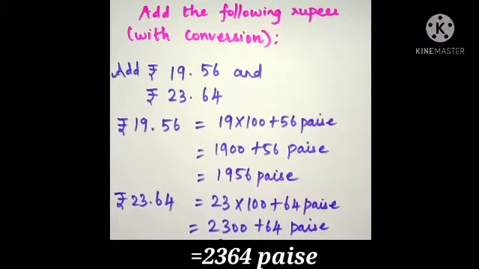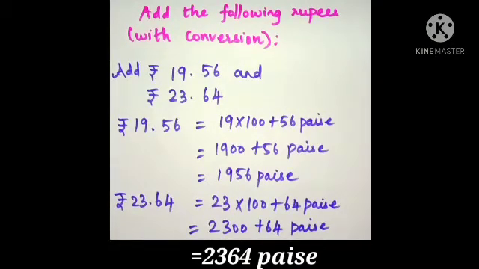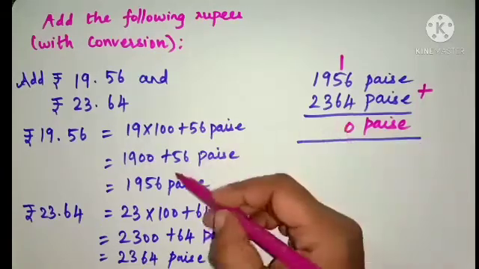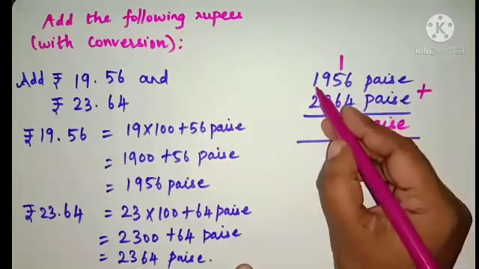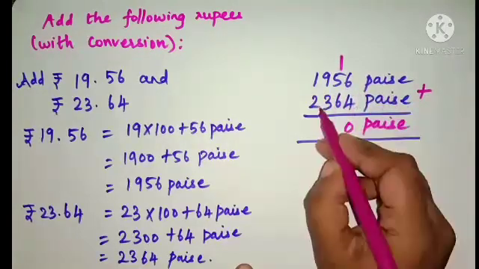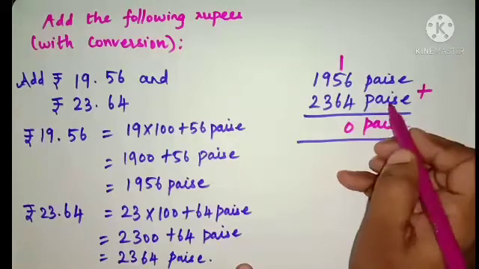Thus we converted rupees into pice by multiplying 100 with the rupees value. Now children, we are going to add these two values, 1956 pice and 2364 pice.